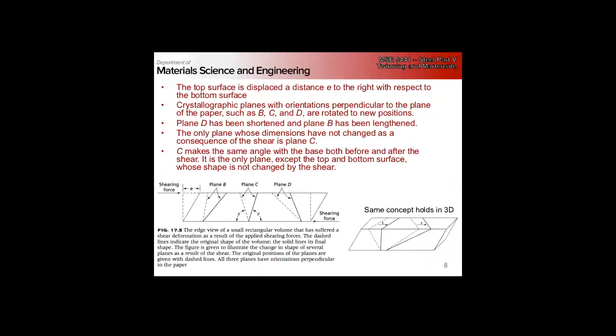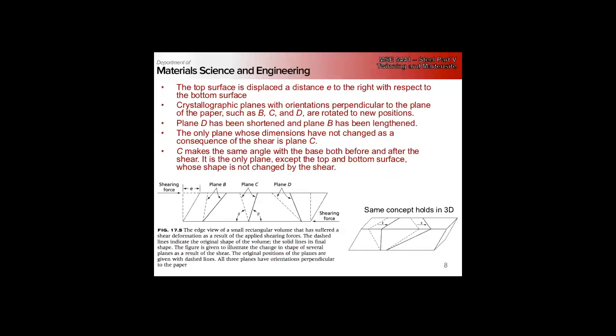So here we have a parallelogram that we've applied a shear to, right? And if we look at planes, this plane here was vertical, it gets moved over, and so it's not vertical anymore. Plane D was less than, and it gets moved up.